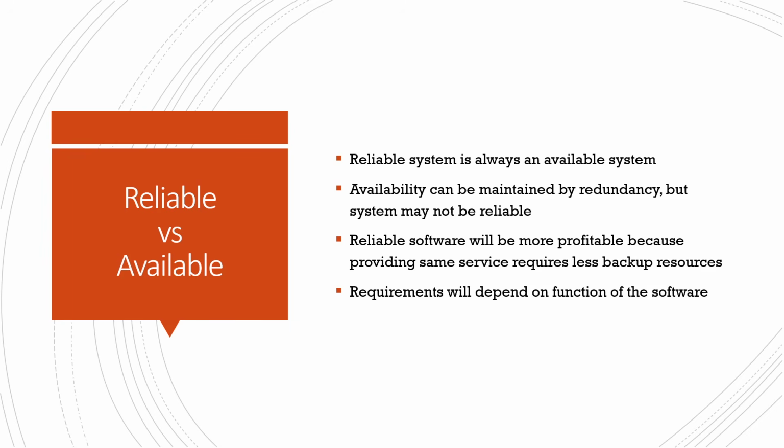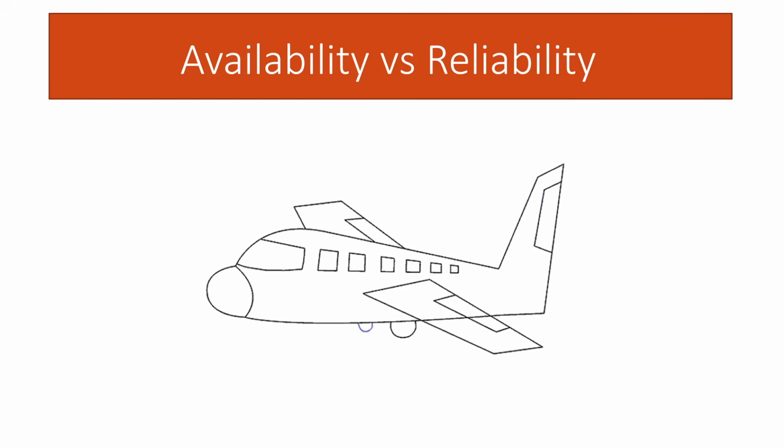So you always have to keep in mind what you're shooting for, what your goal is, and whether it's worth the investment for the availability. An example would be a plane. With a plane, you could cover up the reliability by having a fleet.